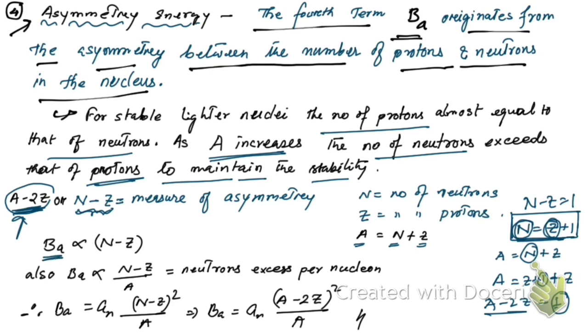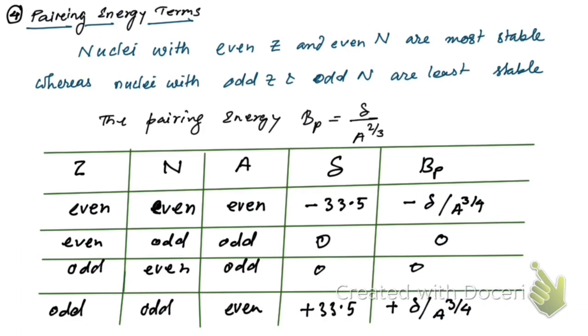So this Ba is proportional to this, and Ba is also proportional to the measure of asymmetry per nucleon. Combining these two, we have got this expression, okay? And this can be replaced by this expression as well, right? So now the last term here, the pairing energy term.